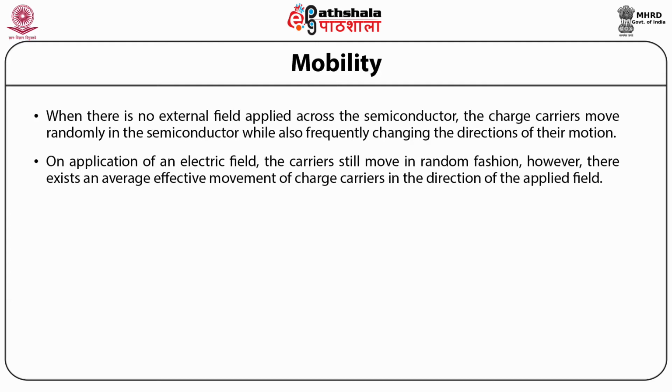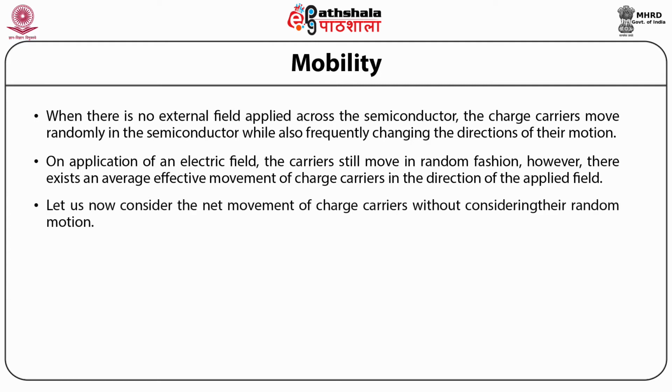However, there exists an average effective movement of charge carriers in the direction of the applied field. Let us now consider the net movement of charge carriers without considering their random motion.